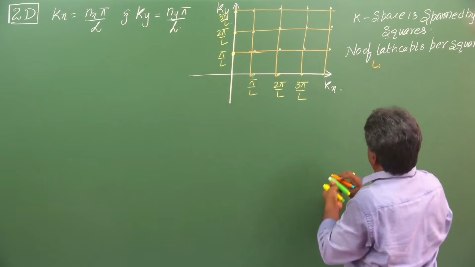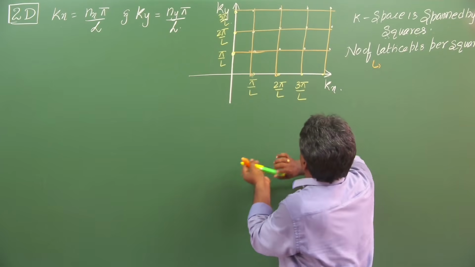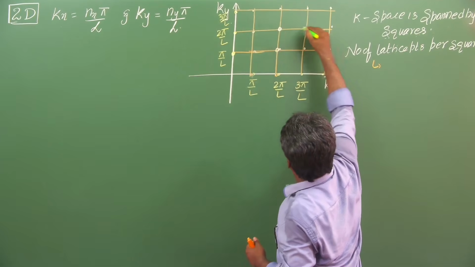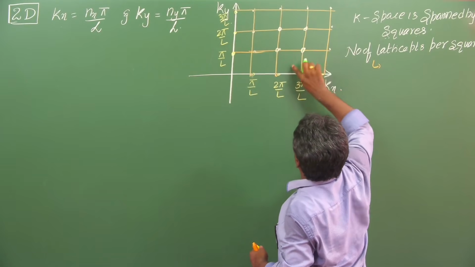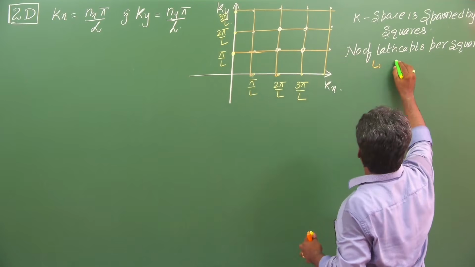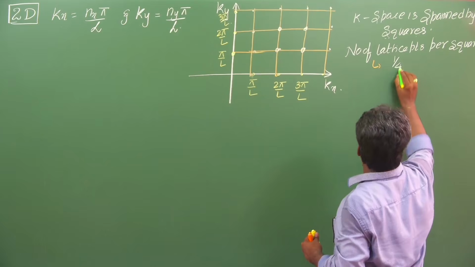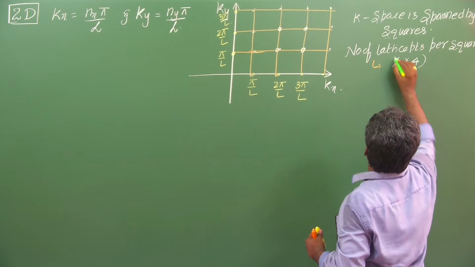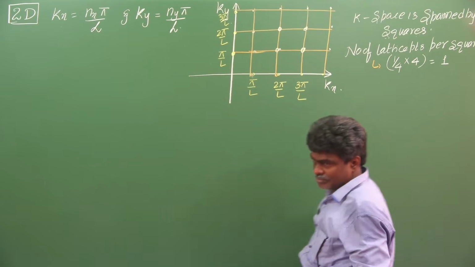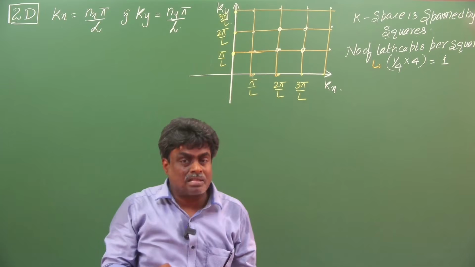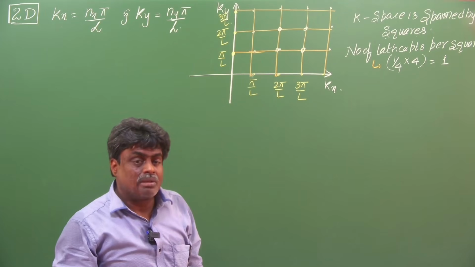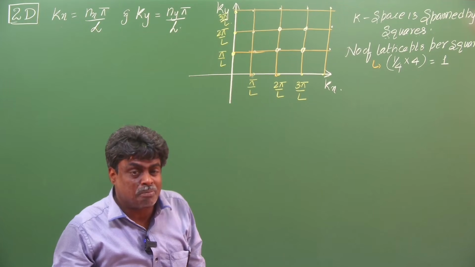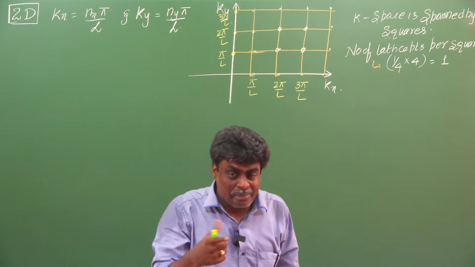Could you please tell me how many points are there in each square? Each point is shared by how many? That's why sharing is there. Number of lattice points per square, how many? Now tell me, number of lattice points per square is 1. Means what?